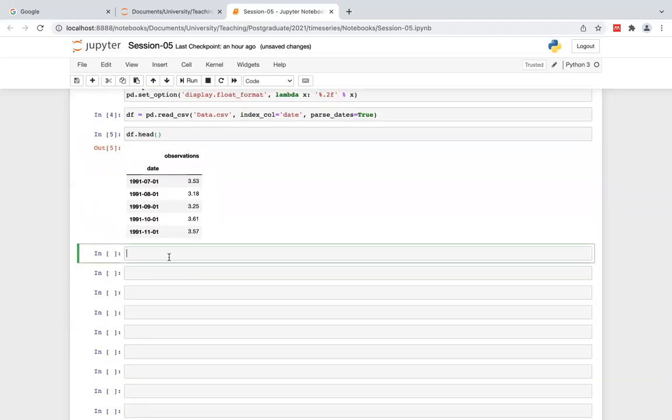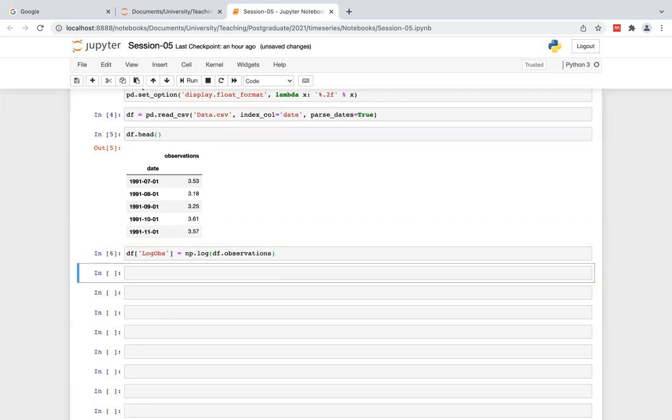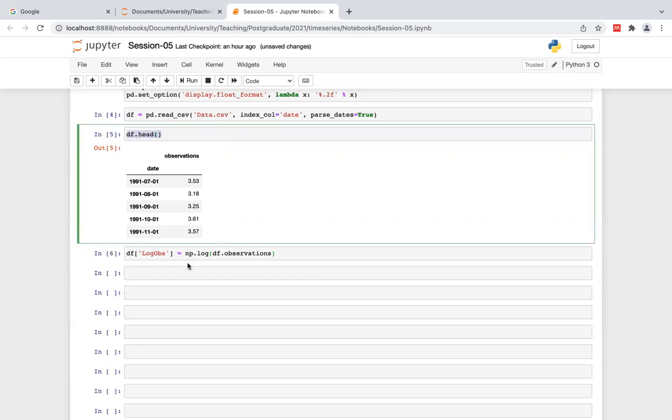Then I'm preparing another column, log OBS, log observations. Then how do we do that? Log of tf dot observation, right? Observation. Let's see again what happened with the head.